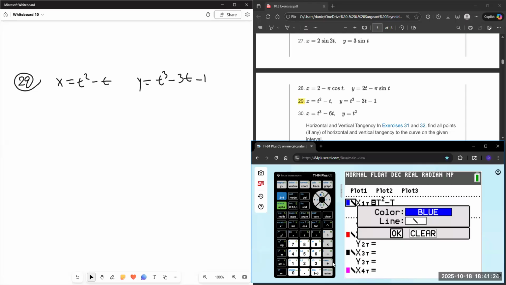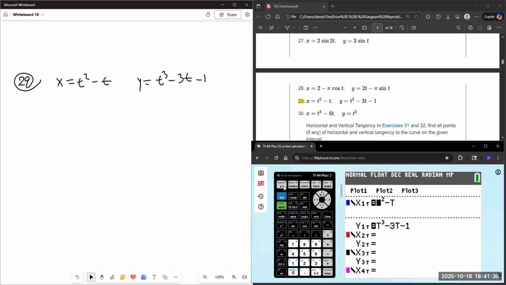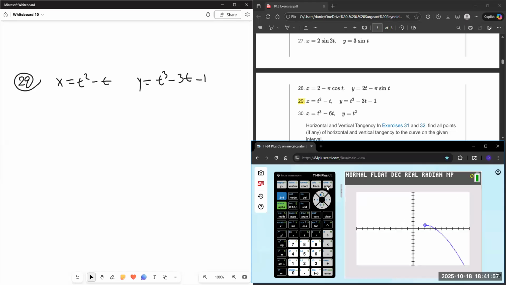Still did it rather quickly. There it goes. That's how it should look when it's drawing it like that. All right, so I'm interested in this point that's right here.